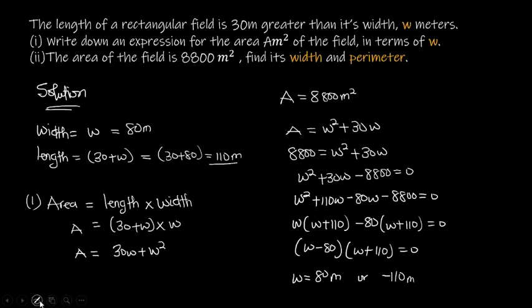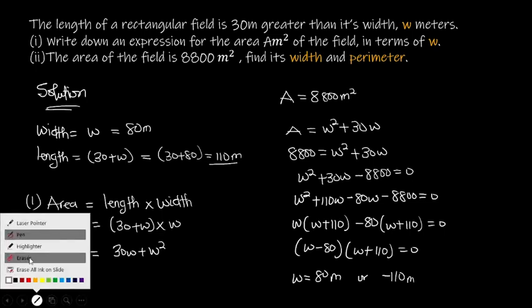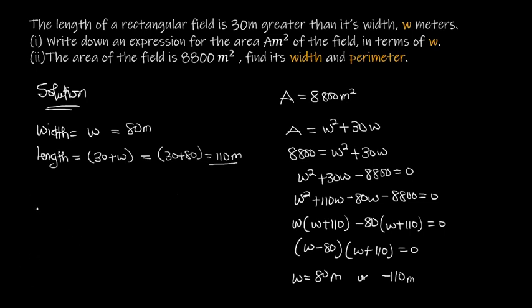So from here, we can go ahead and find our perimeter. The perimeter of a rectangle is 2L plus 2W.